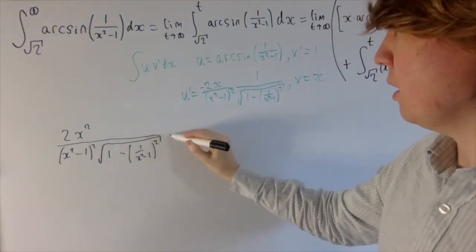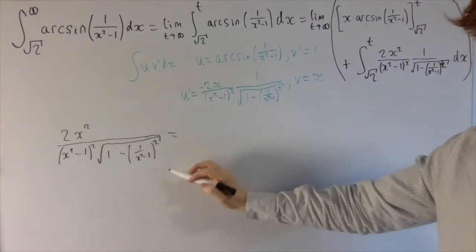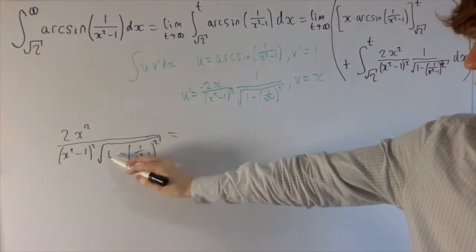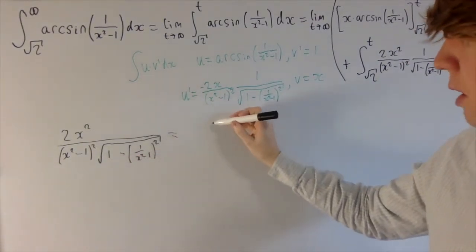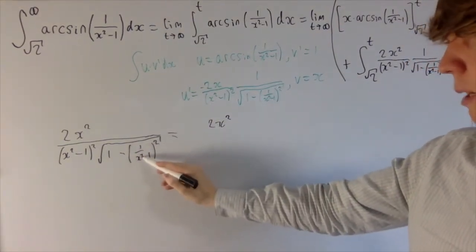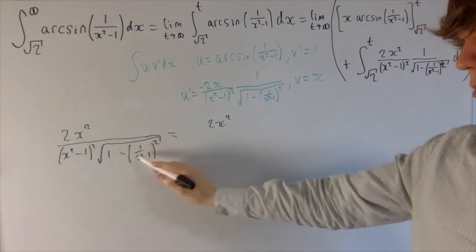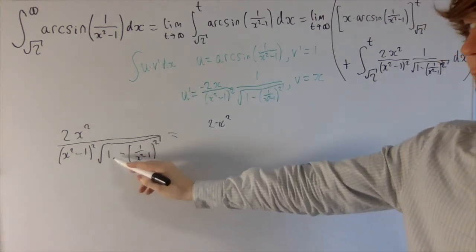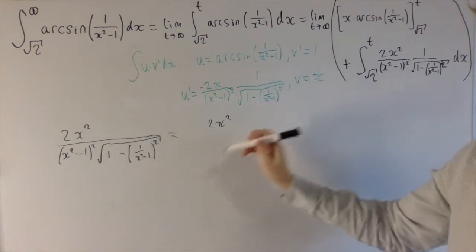So what I'll do is, let's first of all work with the square root. If I rewrite this 1 as x squared minus 1 all squared over x squared minus 1 all squared, then we've got two fractions over the same denominator.